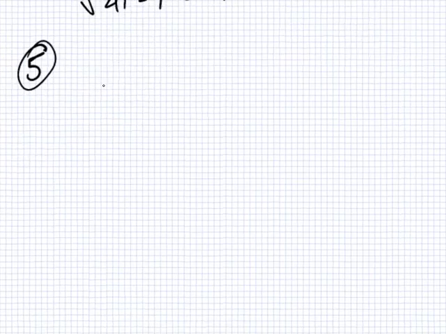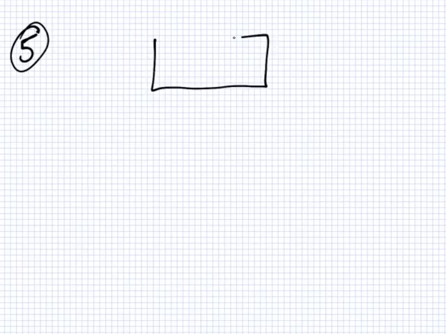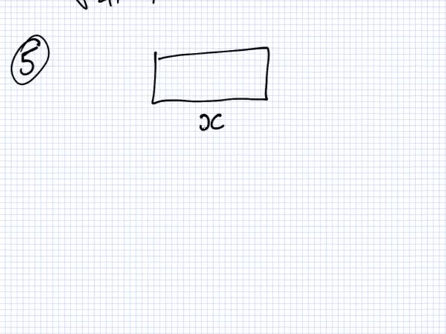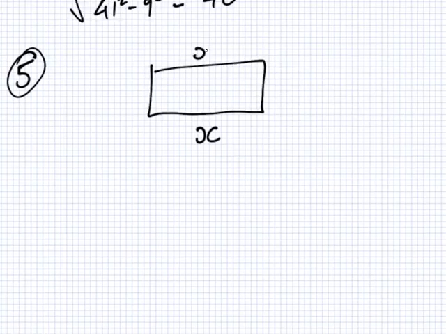Okay, 5. A farmer has 80 meters of fence and wishes to make a rectangular pen of width x meters as shown in figure 3. She wishes to make the area as large as possible. Right, so if that's x, that must be x.